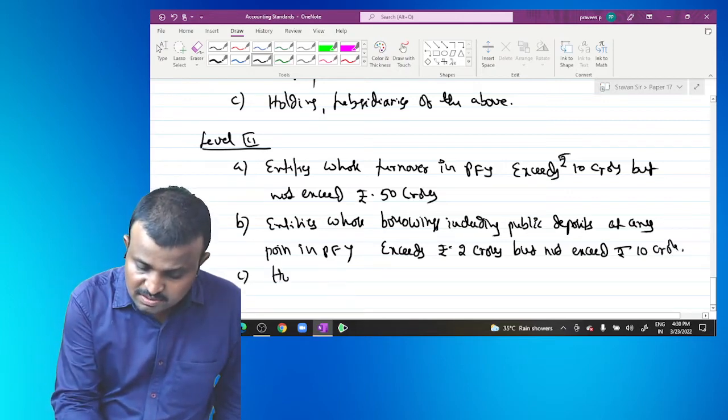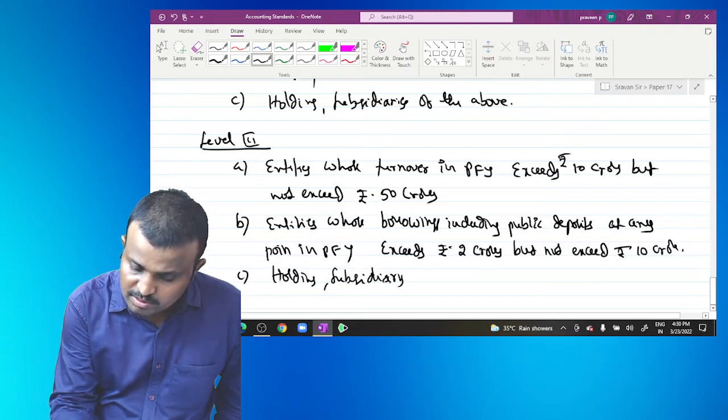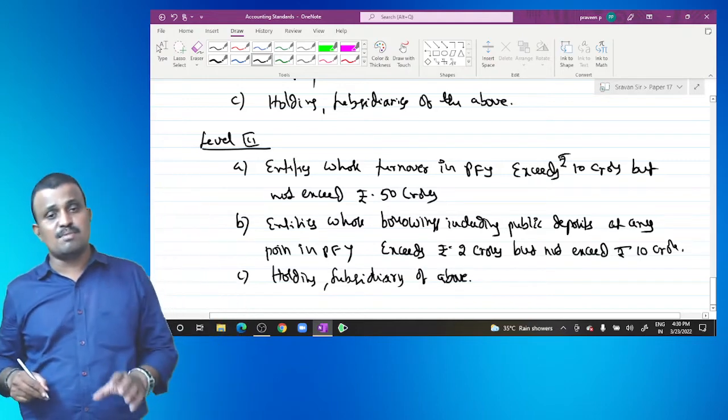And the last one, holding and subsidiary of the above.